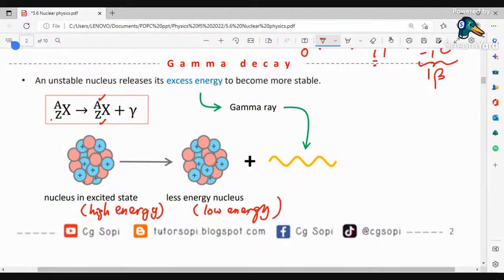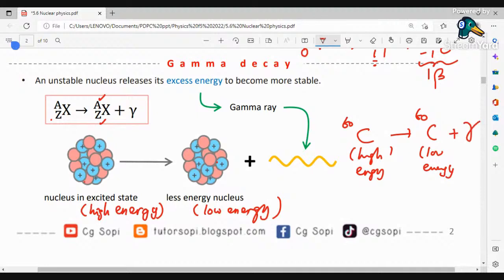Kita boleh tunjuk juga satu proses. Okay, something like cobalt 60, high energy. Okay, become cobalt 60, which is low energy. Okay, emitting 1 gamma.